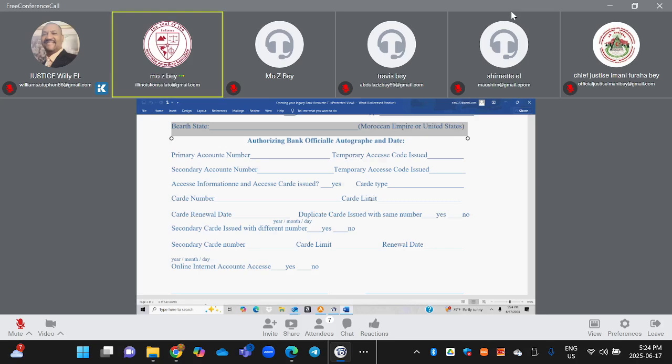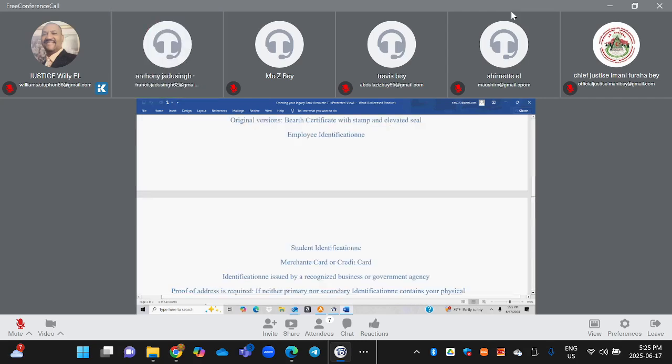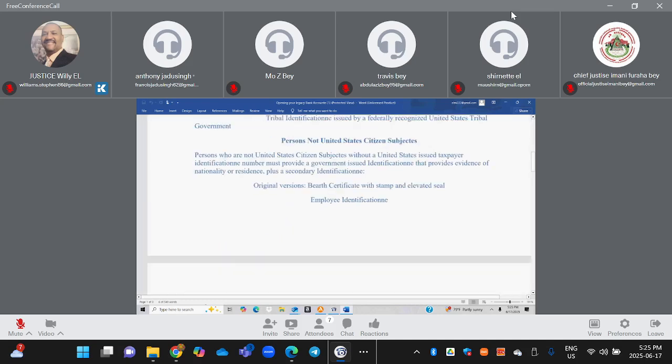So, being that I never went through that process as far as nationalizing the account that I had, I chose to just go with the United Services Automobile Association Federal Savings Bank instead of going with the bank that I initially had.